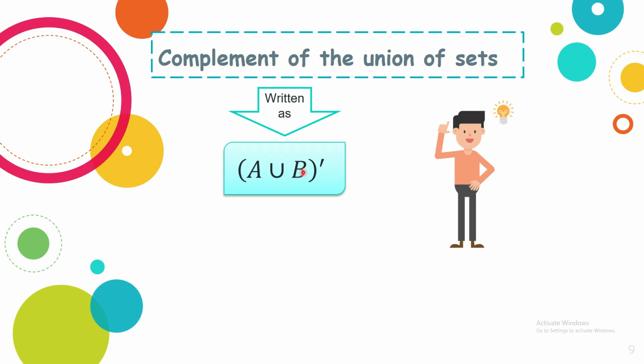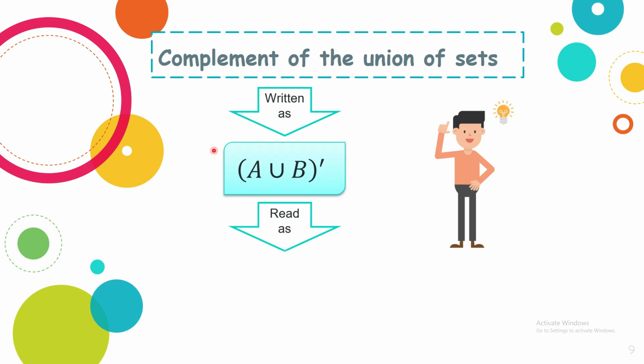How do we know this is a complement? It is from this symbol. This symbol is just like a comma but above the set notation. If the set notation has this kind of symbol, it means that it is the complement.